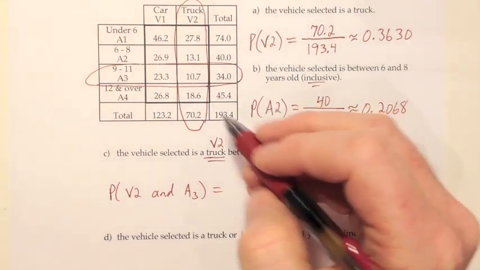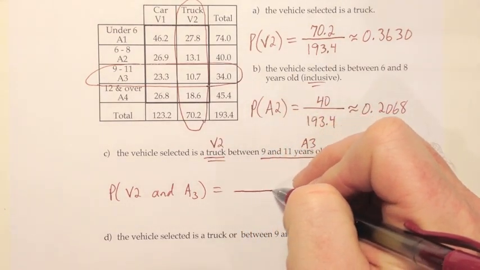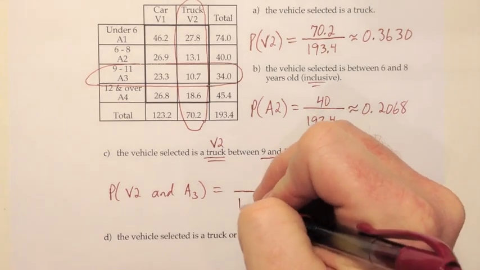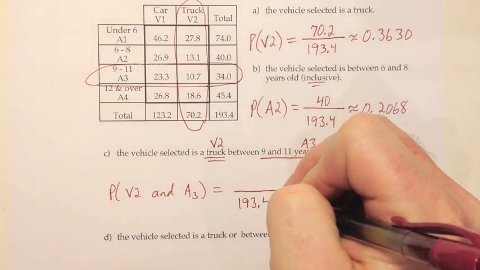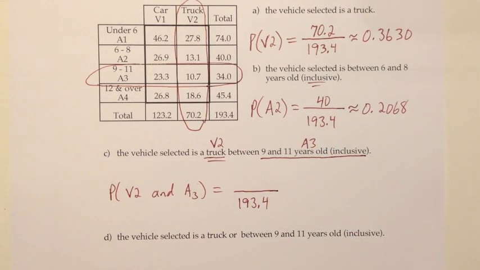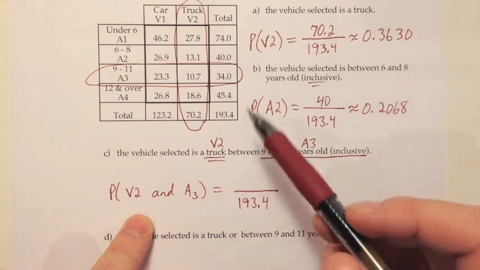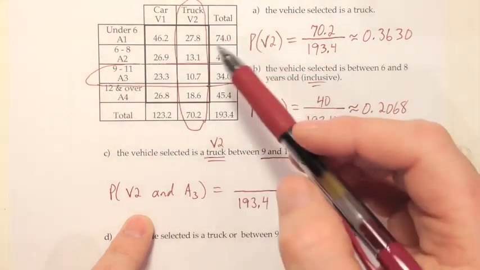And then when I do the probability, I'm going to think about that. Typically with probability, I'm going to start in the denominator, so I'll do that here. We're randomly selecting a vehicle, so we're choosing from all 193.4 million vehicles. And then how many of them are in the and of these two events, which would be equivalent to saying how many are in the overlap of these two events I've circled.